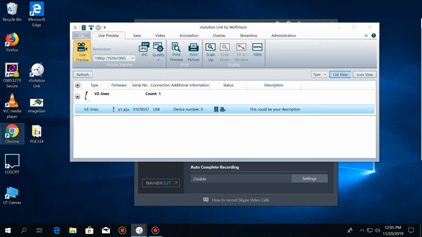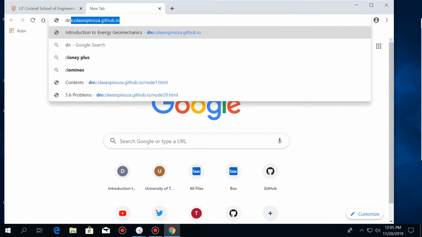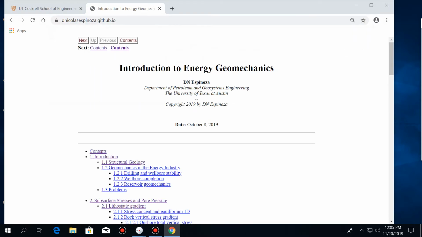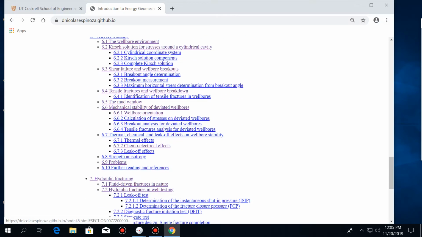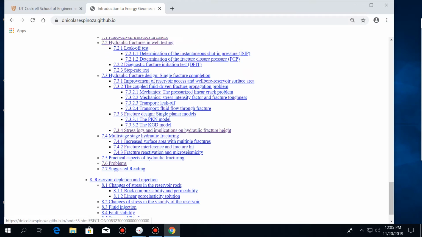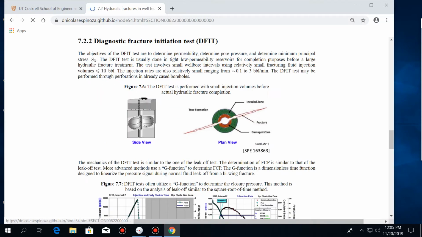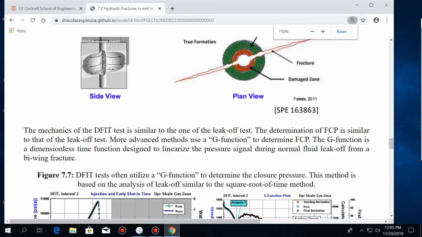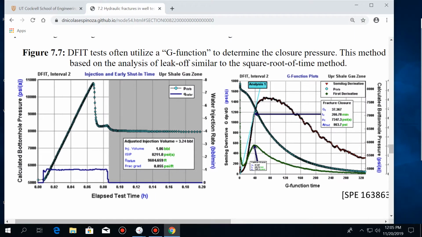And one of them is called the G function method, in which you use equations for fluid flow in order to explain what is going to be the response of the wellbore and the response of the fracture and how pressure is going to go down. So here you can see an example of the schematic I was showing before.